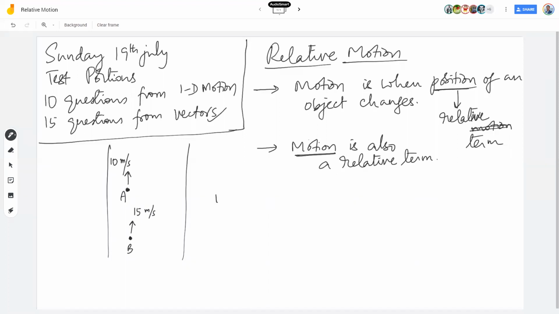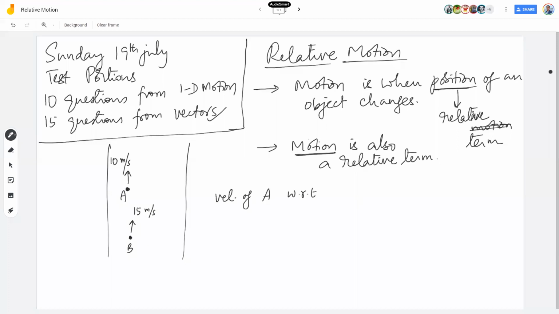What I'm saying is velocity of A with respect to... I will be writing WRT a lot. Don't wonder what it is. WRT means with respect to, as per, observed by, like that.